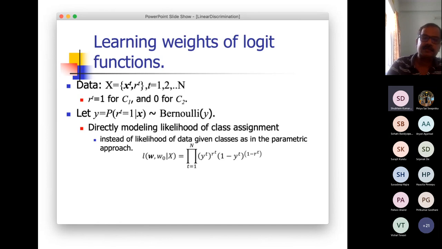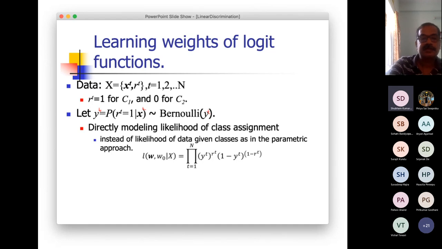Now every sample's probability will be different, so y is not a constant here. It should be written as y of xt. This is for the tth sample, and this is a Bernoulli process for the tth sample.